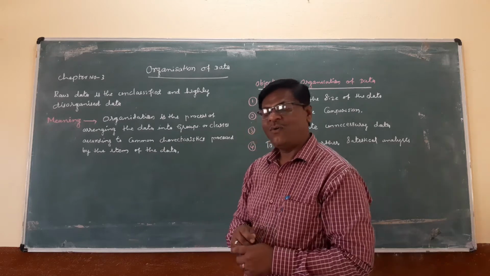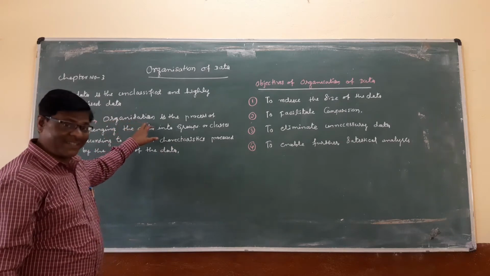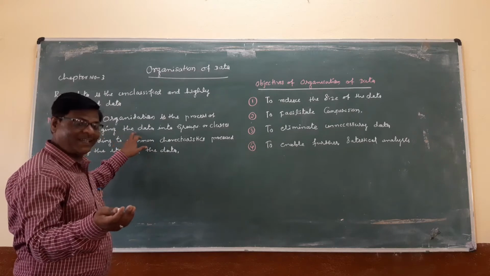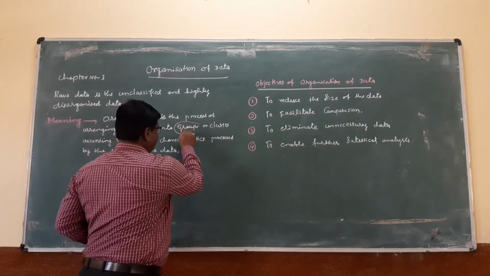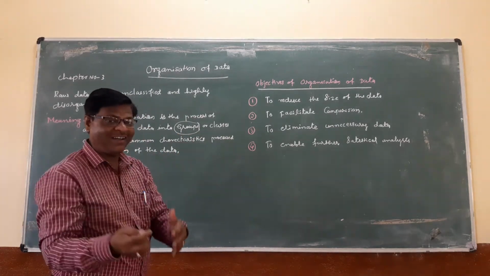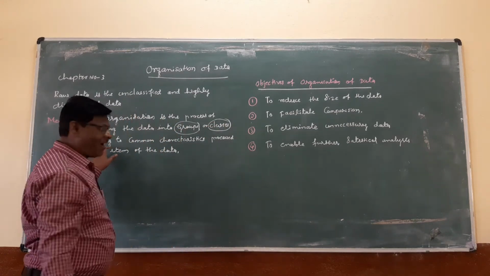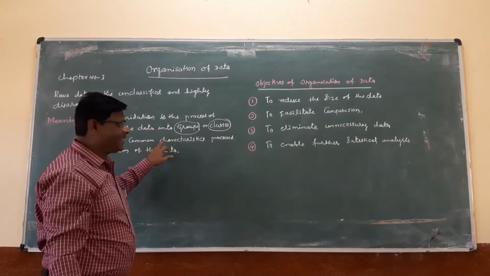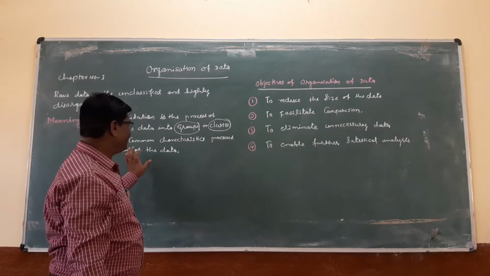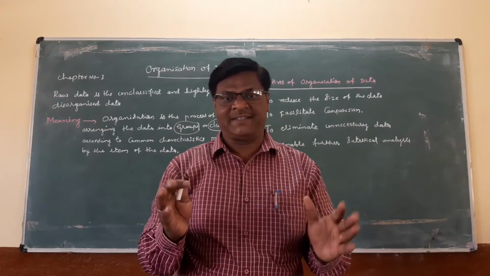Once again, what is organization of data? Organization is the process of arranging the data into groups or classes according to common characteristics possessed by the items of the data.